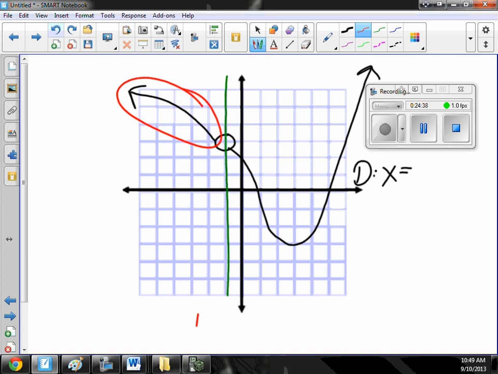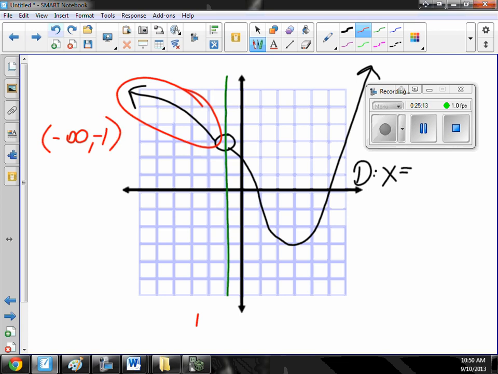What is the smallest number on the left side? -infinity. The left side of this is -infinity. What's the right side? -1. Do we include infinity? Never. Do we include -1? No, because it's open.